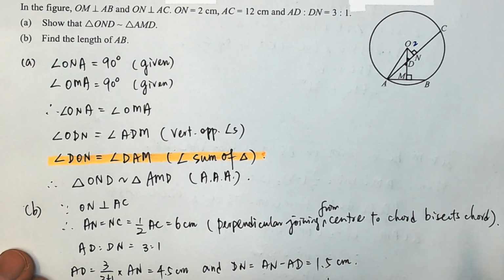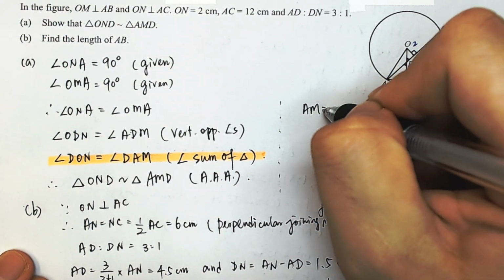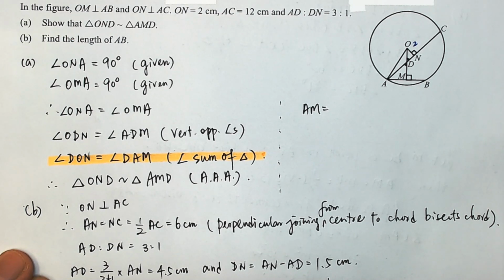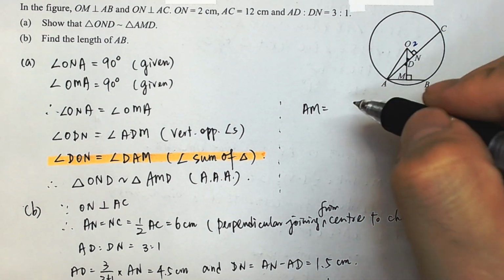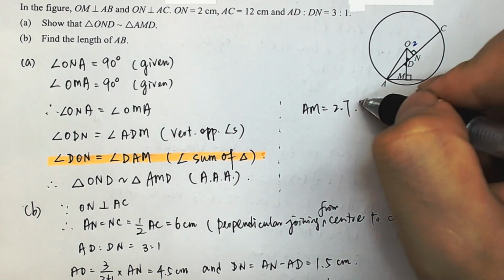Let's write it here. Now we should have AM is AD, which is 4.5, divided by OD, which is 2.5, multiplied by DN, which is 1.5. So AM is 2.7 cm.